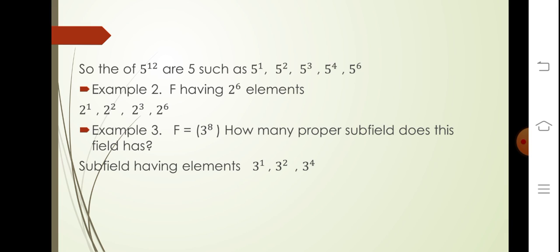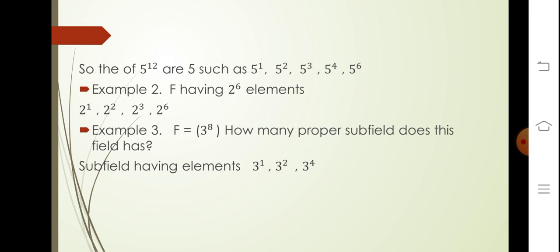The subfields of 5 raised to the power 12 are 5 raised to the power of 1, 5 raised to the power of 2, 5 raised to the power of 3, 5 raised to the power of 4, 5 raised to the power of 6. 5 raised to the power of 12 is not included because it is equal to the field itself.